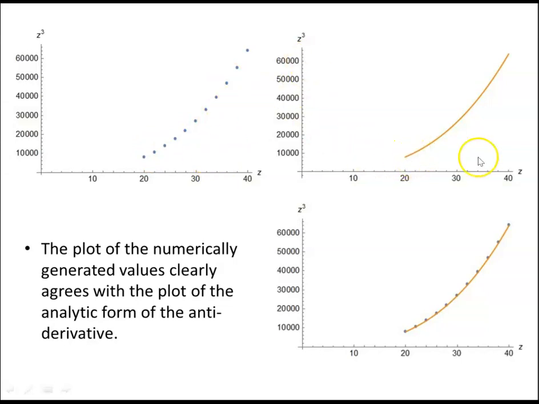So plotting that exactly from 20 to 40, we get this, plotting it symbolically, the analytic solution. And then if we ask the program to combine the two plots so we have a single plot that we can compare them, we end up with this here. Beautiful, they exactly match. And so this is the plot of the antiderivative of 3z squared.